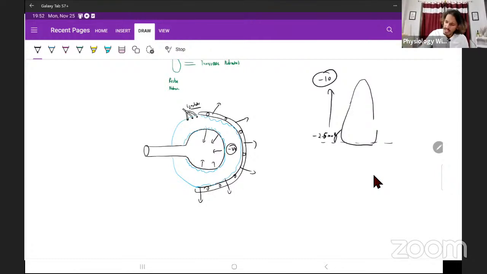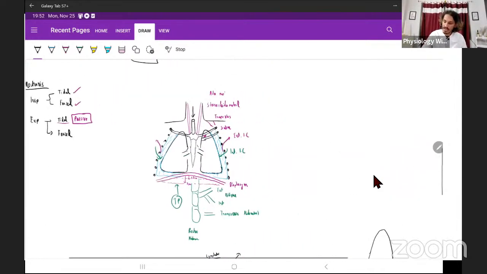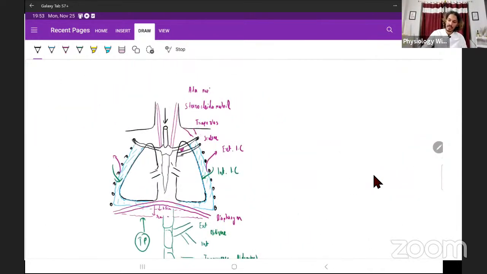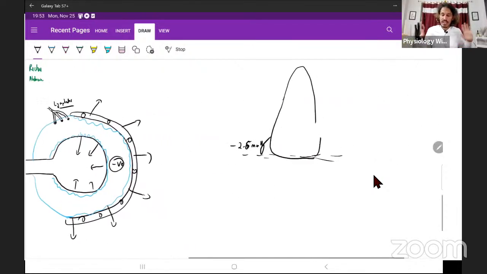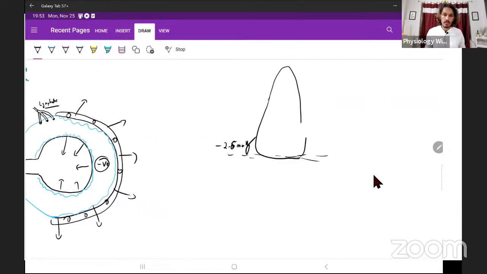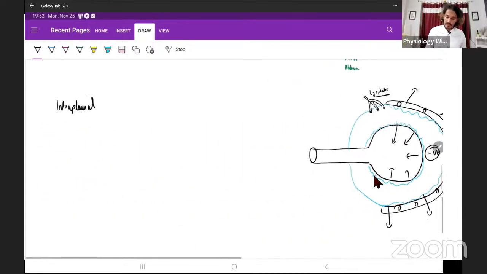So I usually talk about your minus 2.5, the base value we're talking about. That is because there are more muscles on top. We have your trapezius, sternocleidomastoid, scalene, your intercostals, all of these structures which will give it a much more traction. So we're talking about the initial resting stage of minus 2.6 millimeter mercury.